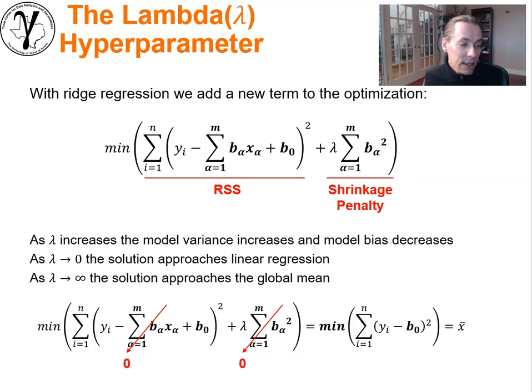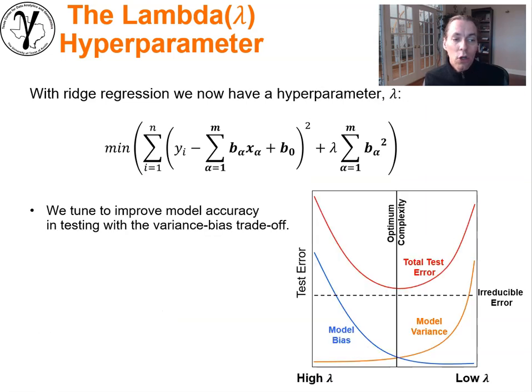All right, so that's it. That's the extreme cases. So now we go back to it as we're tuning the hyperparameter lambda. We in fact are going to be observing a model variance versus model bias trade-off. And we can find an optimum lambda parameter from the perspective of minimizing our total or expected test error.